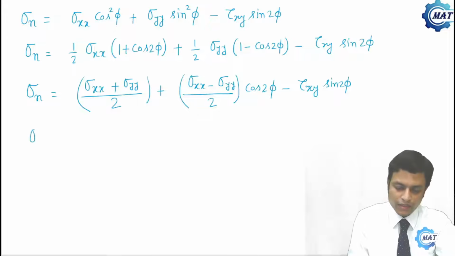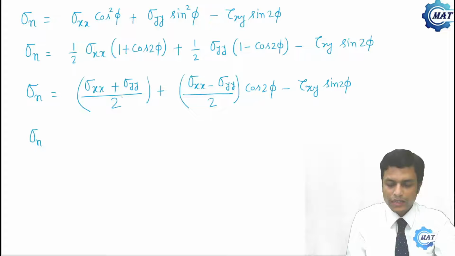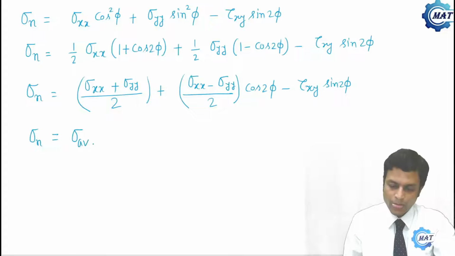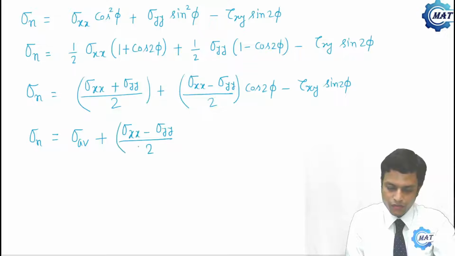For simplicity, we shall consider sigma xx plus sigma yy by 2 as sigma average, similar to biaxial stress. So sigma n equals sigma average plus sigma xx minus sigma yy by 2 cos 2 phi minus tau xy sin 2 phi.